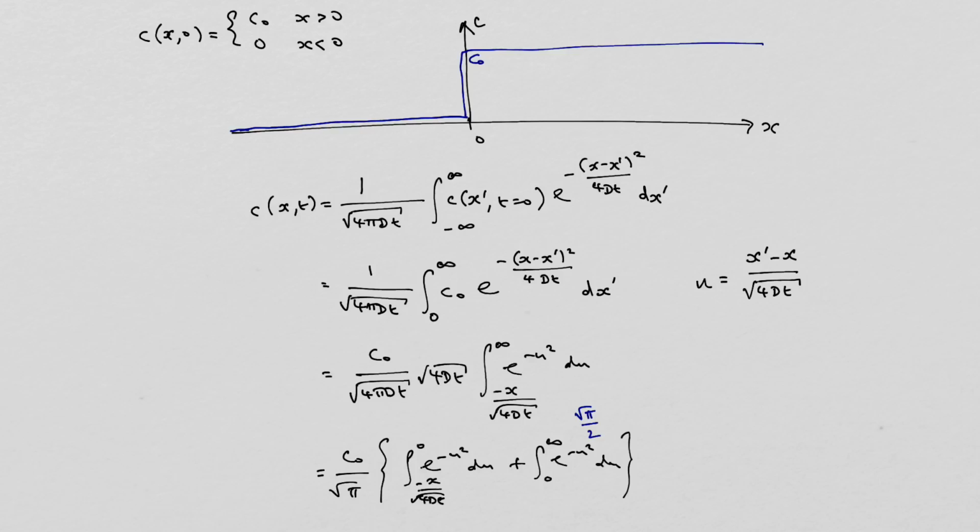And this one, if I change u to minus u, then the integrand doesn't change. I get a minus sign there, which I can use to flip the order of the limits around, and the limit changes from being minus to positive. So it turns out that this is just the integral from 0 to x over square root 4Dt. And so we can do one of the integrals. We can do this integral here.